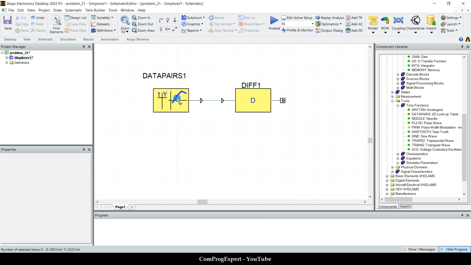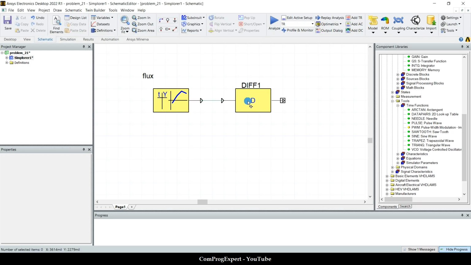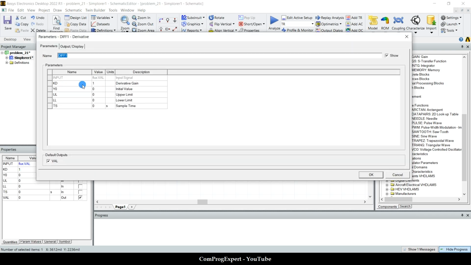This is the flux, so let's change the name here to flux. This is the derivative block. Here we have derivative gain, KD.